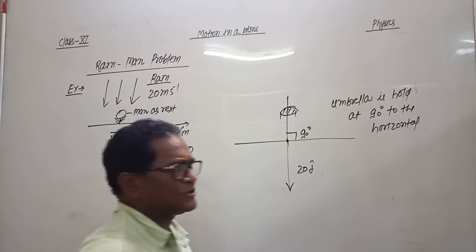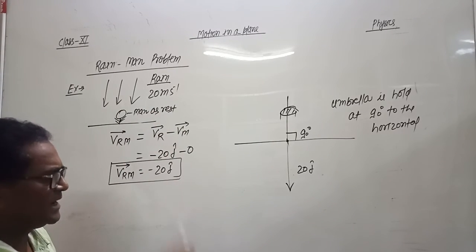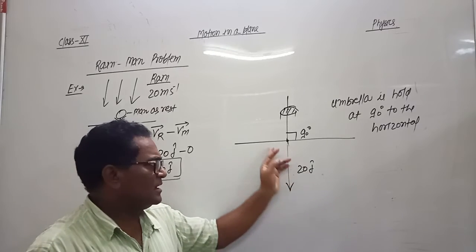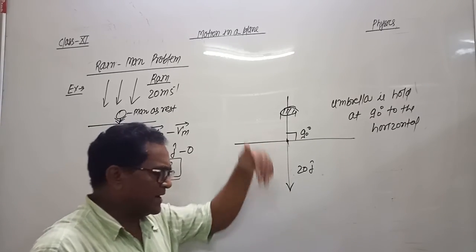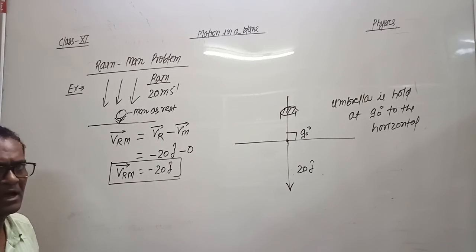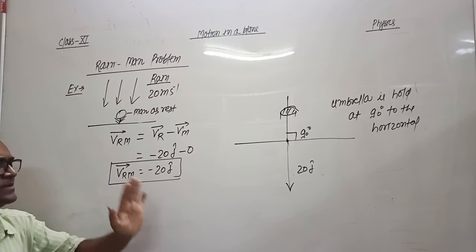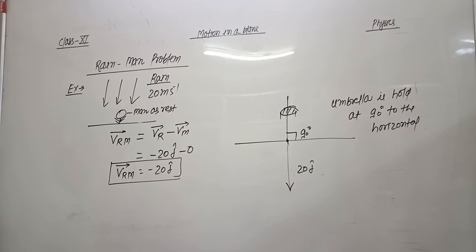Because the man is at rest and rain is falling vertically downward at 20 j in the negative direction, the man must hold his umbrella at 90 degrees to the horizontal. This is the case when the man is at rest and rain is falling vertically downward.